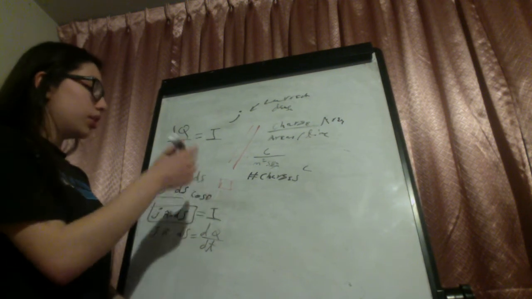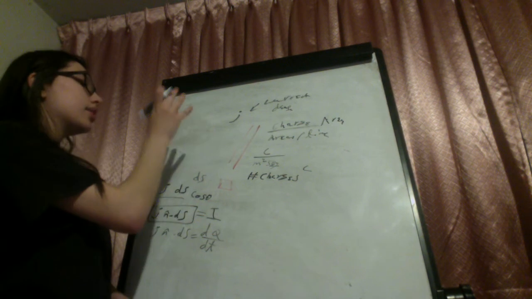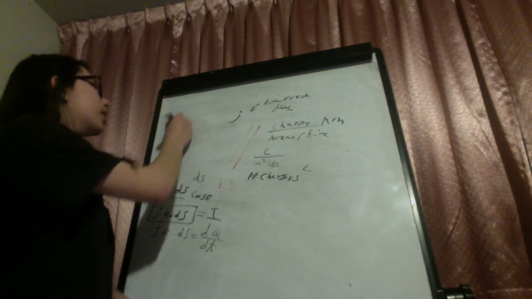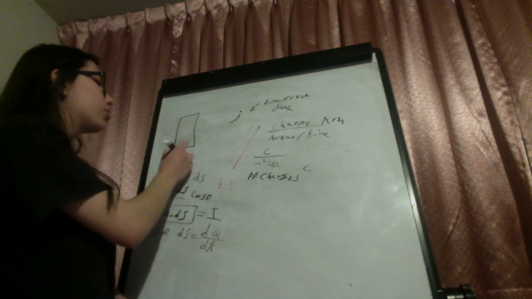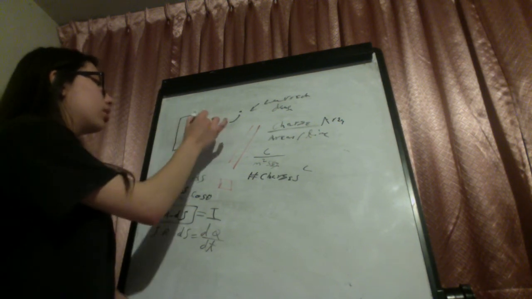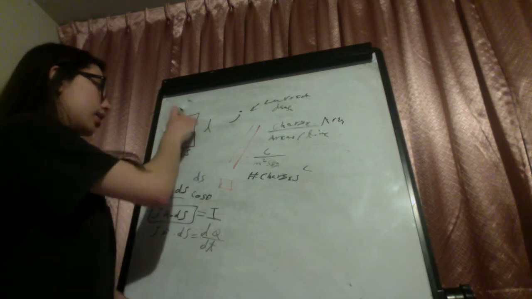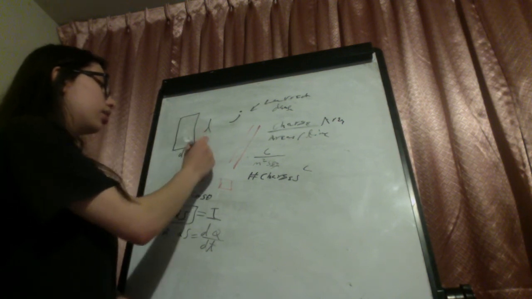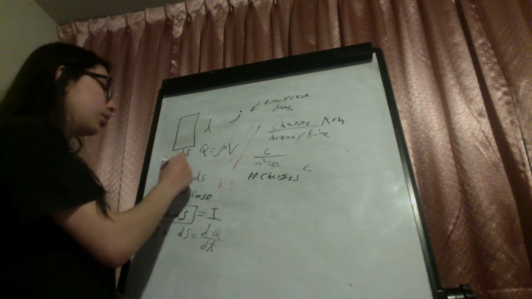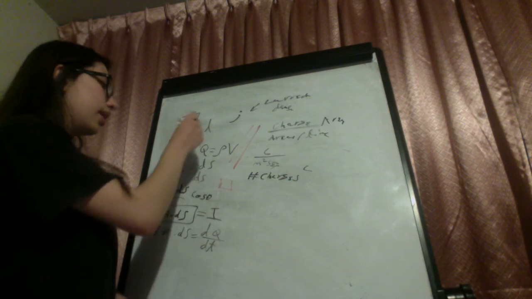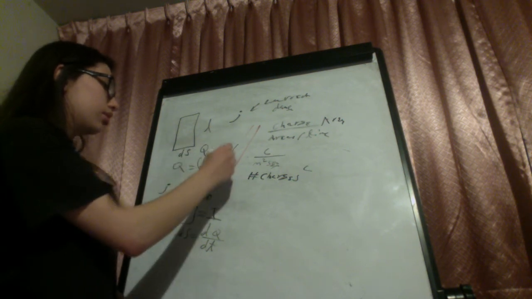So the amount of charges flowing through this cross-sectional area is the same as the charges that would be contained in a volume, in a cylinder of dimensions dS L, because the charges that are here are the density times the volume, and the volume is dS times L, and this times density.